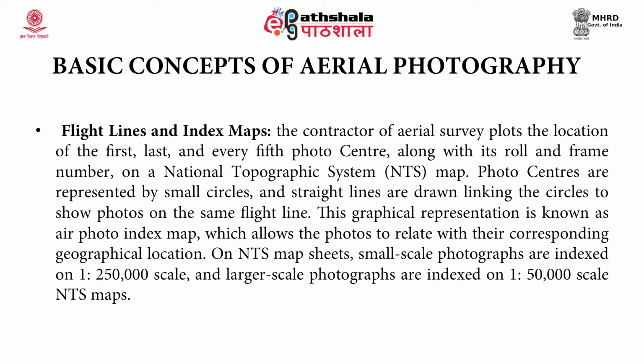This graphical representation is known as the Air Photo Index Map, which allows the photos to be related to their corresponding geographical location. On NTS map sheets, small scale photographs are indexed on 1 is to 250,000 scale, and larger scale photographs are indexed on 1 is to 50,000 scale NTS maps.